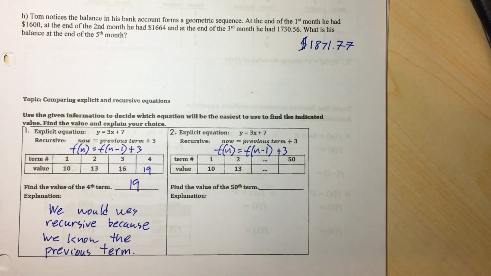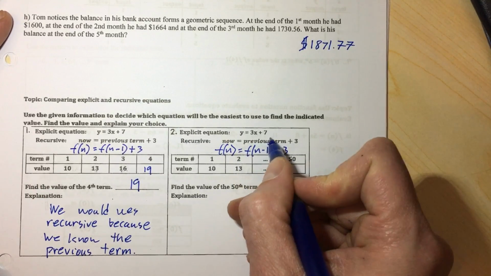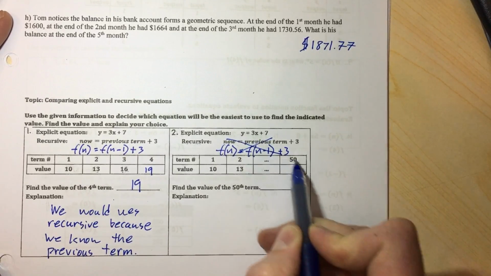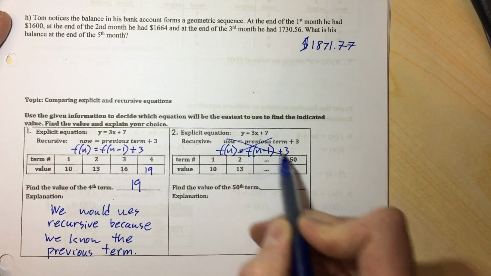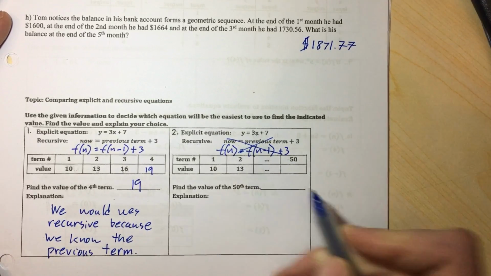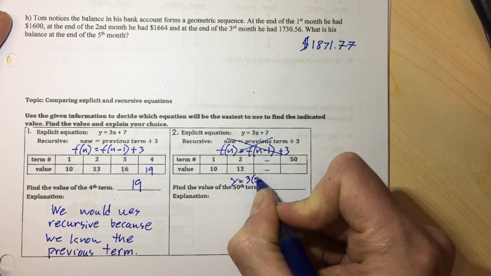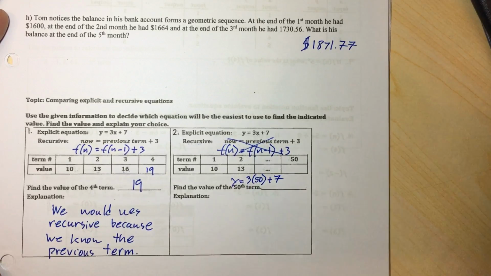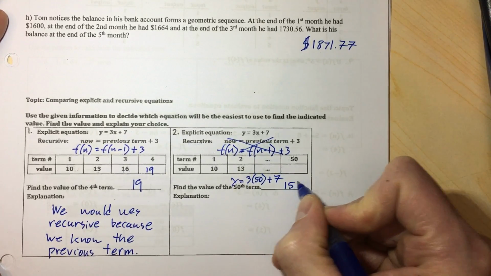Well, that's not really an efficient way to do business, right? So in this case, we would not want to use the recursive rule. We would want to use the explicit rule, because the explicit rule says that we can just substitute 50 in here, and then we end up with our answer. So y equals 3 times 50, which is 150, and then plus 7 is 157.